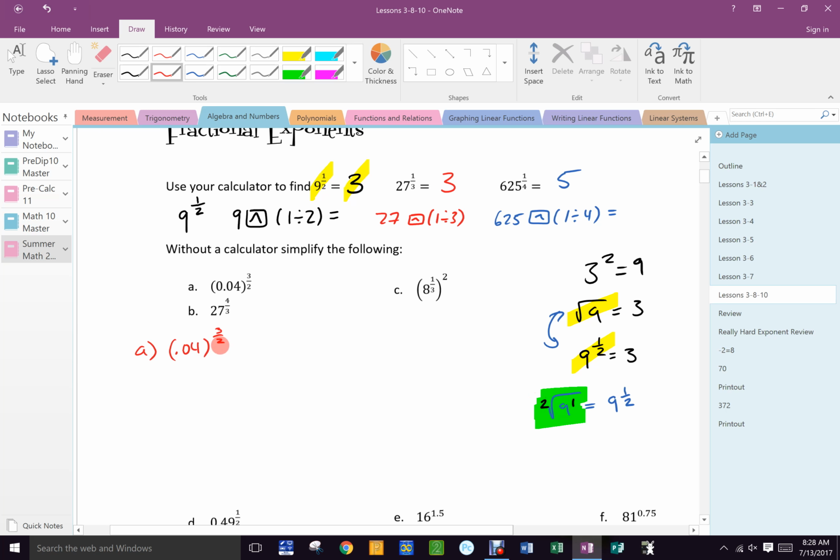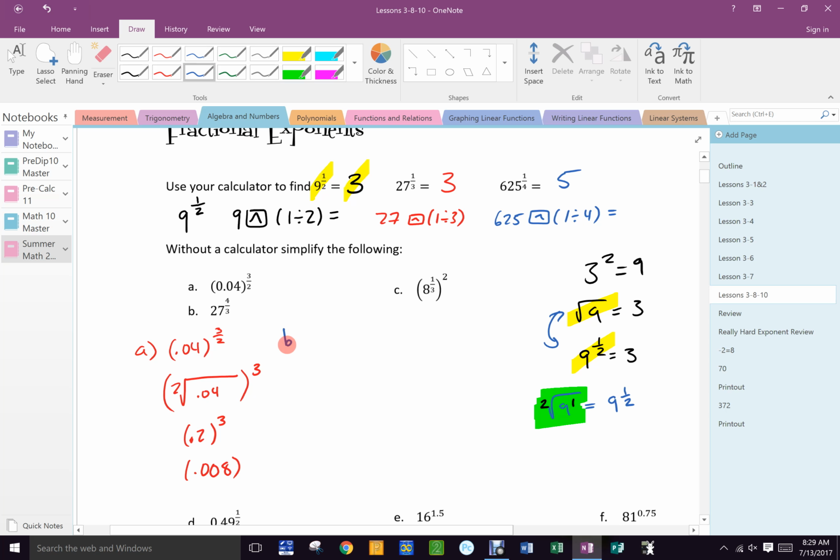So the denominator here is 2, so what's the index? 2, square root of what? The base, 0.04, and all of that is to what power? 3. What is the square root of 0.04? The square root of 0.04 is 0.2, cubed, and as Fawaz says, that's 0.008. Everybody good?